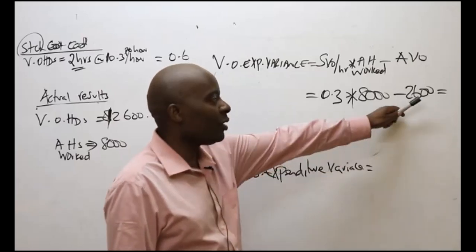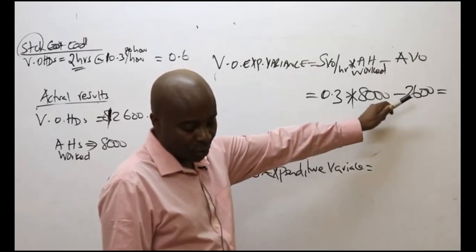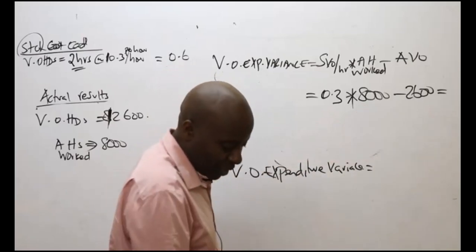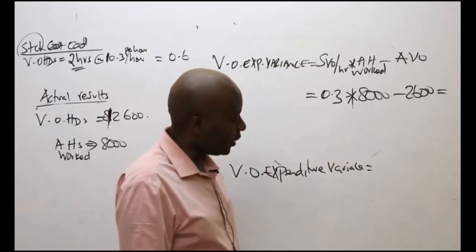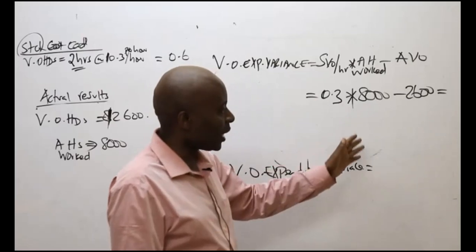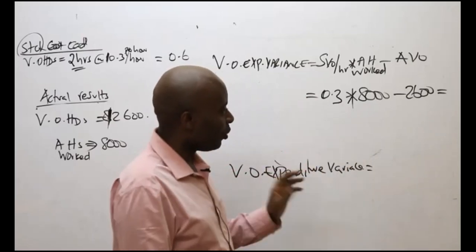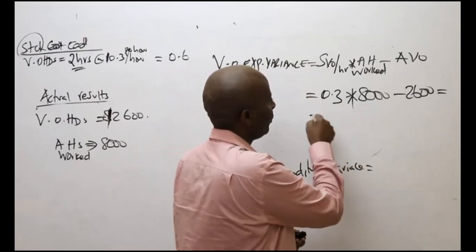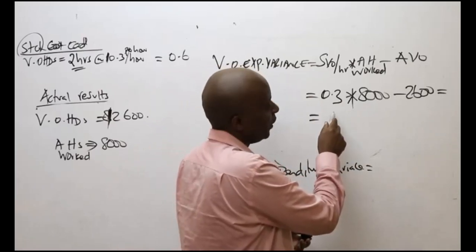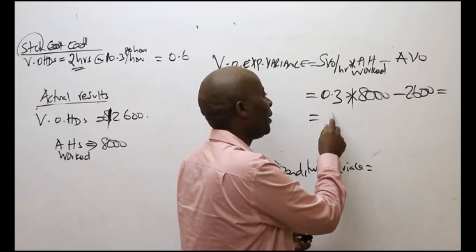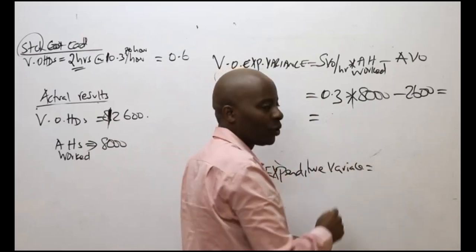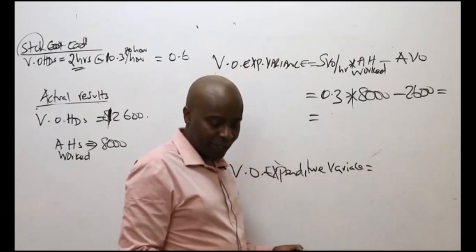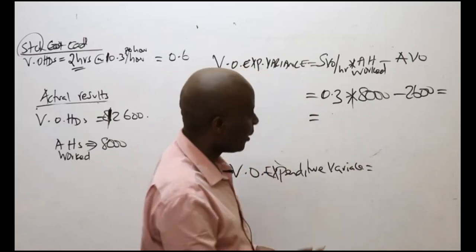So could you kindly give us this difference? What do we have here? So 0.3 times 8,000 minus 2,600. What is the answer, somebody? 200 adverse.